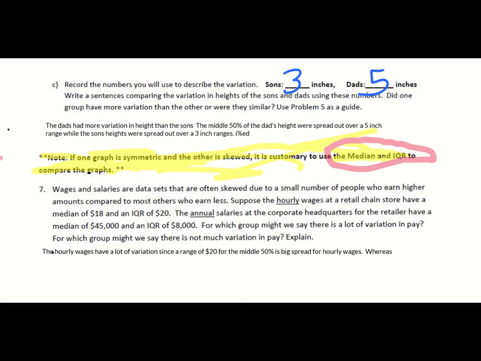Whereas a range of $8,000 for the middle 50% for higher wages is not much variation, since the wages are higher to begin with. Okay. Sorry.